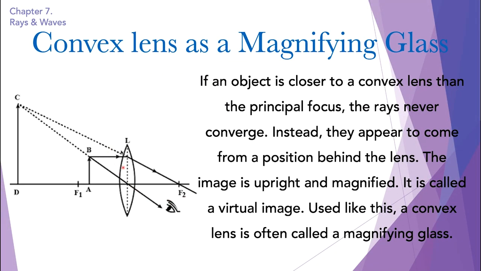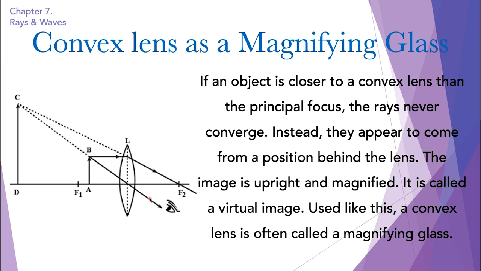But in this case, the image is upright and magnified, and it is called a virtual image. So if the object is closer to the convex lens, the image produced would be magnified, and it would be called a virtual image. So it cannot be picked up on a screen.